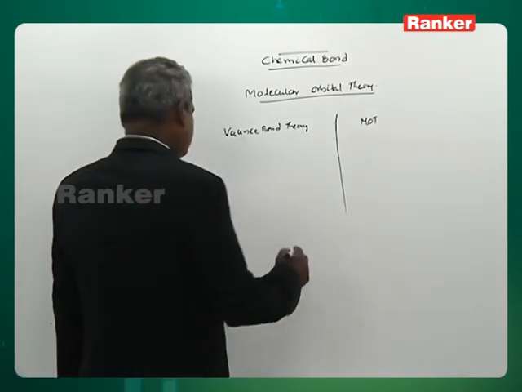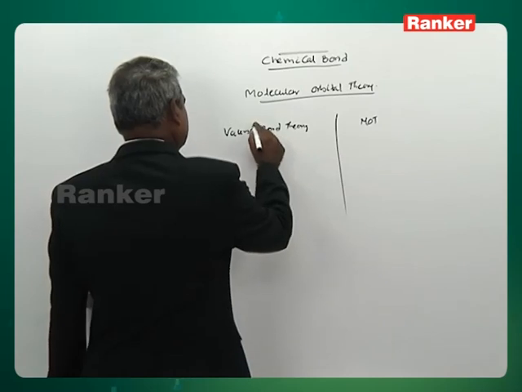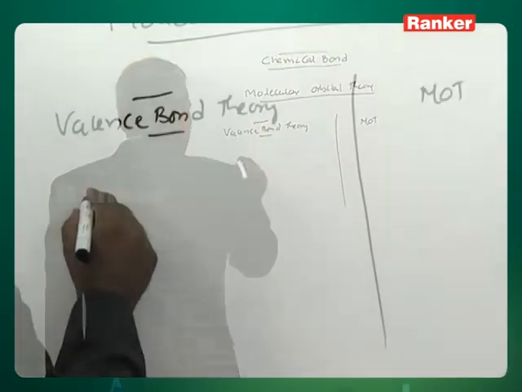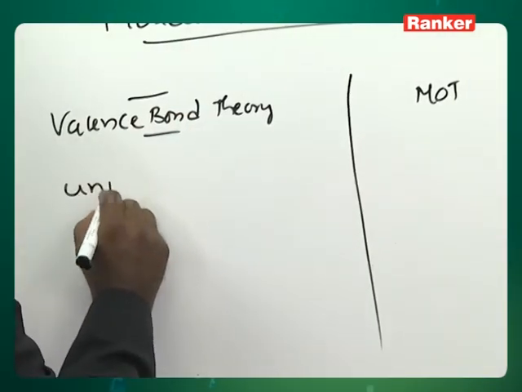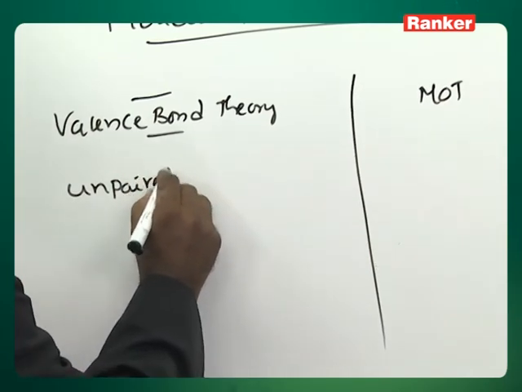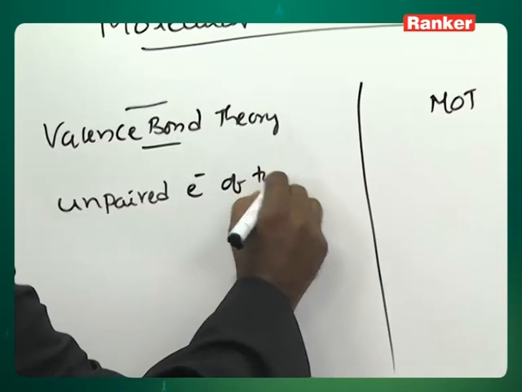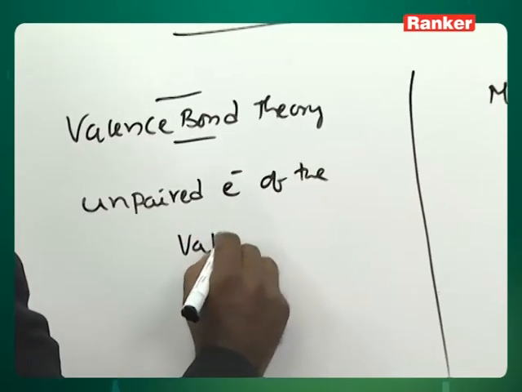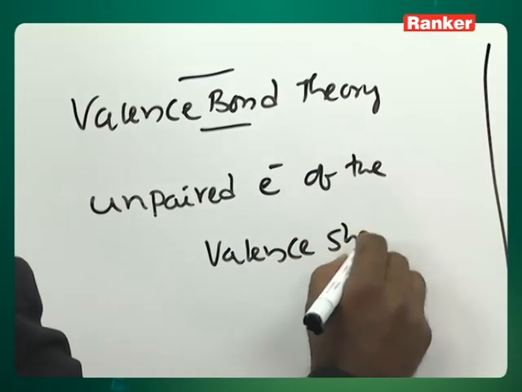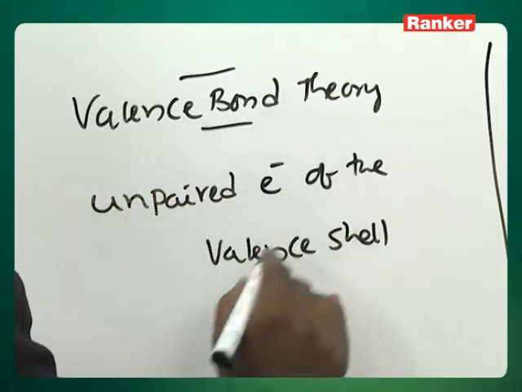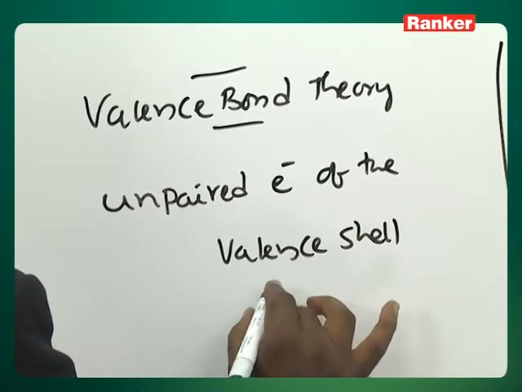So, according to this theory, only the unpaired electrons of the valence shell participate in bonding.